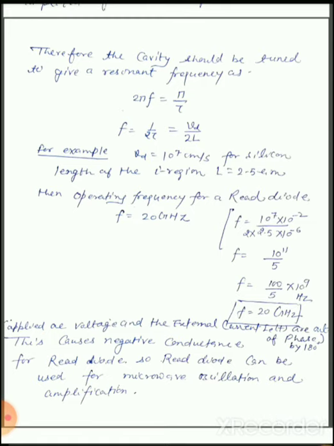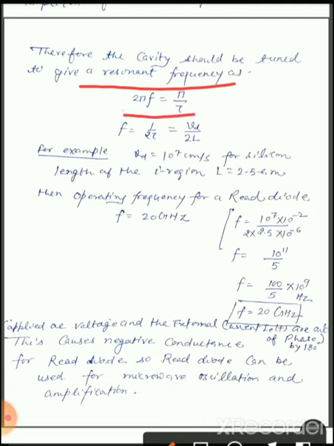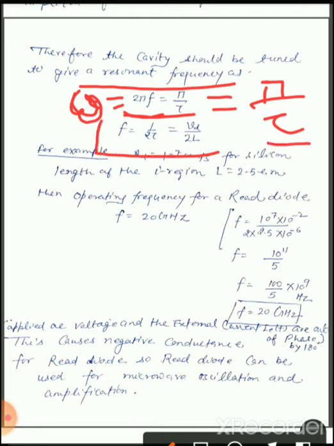The resonant frequency in the cavity: for the resonant frequency, the condition is omega = 2 pi f, where omega is the angular frequency and f is the resonant frequency, equal to the angle by which the external current is delayed, pi, over time tau.